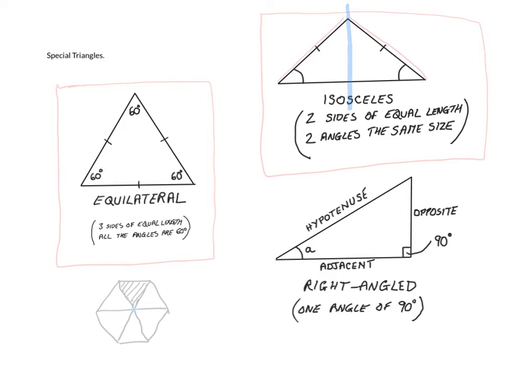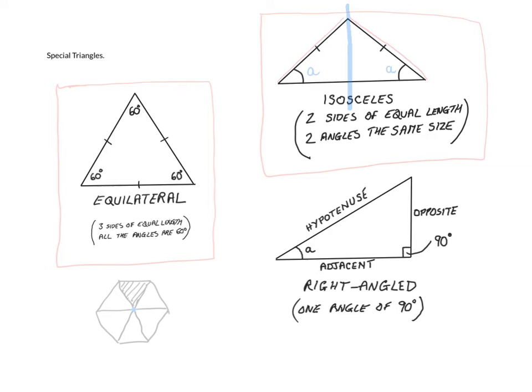And that means that these 2 angles here, this is A, this is A. They're both the same. And we're going to come across isosceles triangles a lot in the next video, so it's important that you remember what they are.